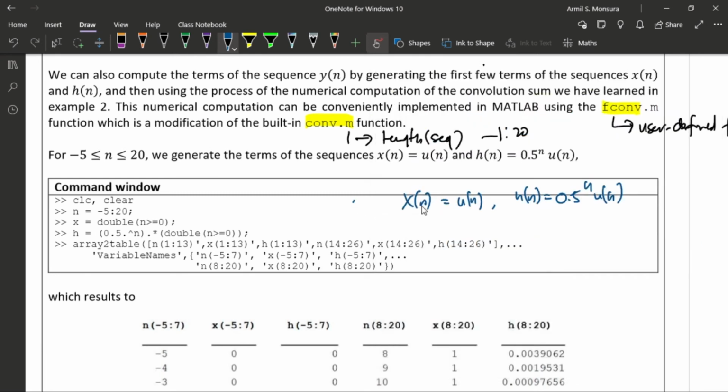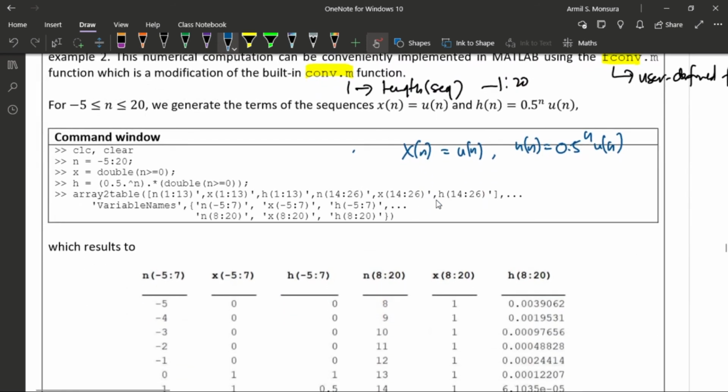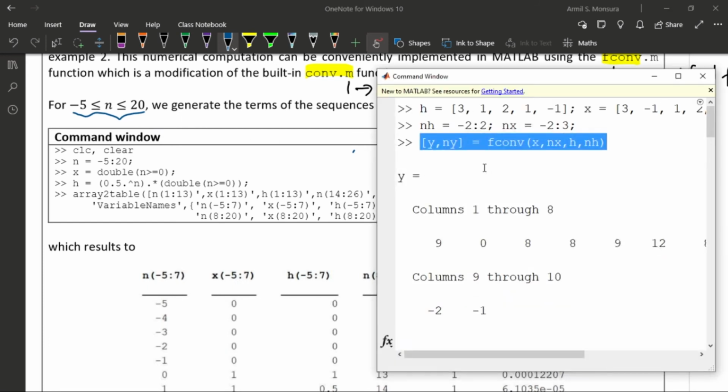So, unang-una, kapag ang ating sequence ay infinite duration, it means na para makuha natin yung eksaktong value ng output sequence, kailangan yung mga duration din na i-define natin dito, itong nx at saka nh, infinite din. Which is impossible na mangyayari. Hindi natin magagawa sa MATLAB yun.